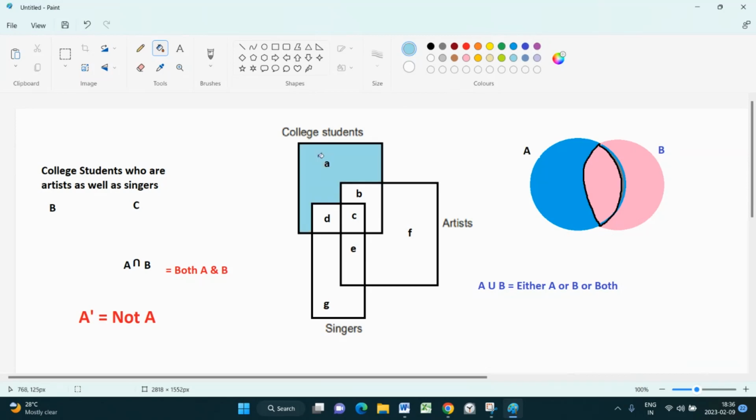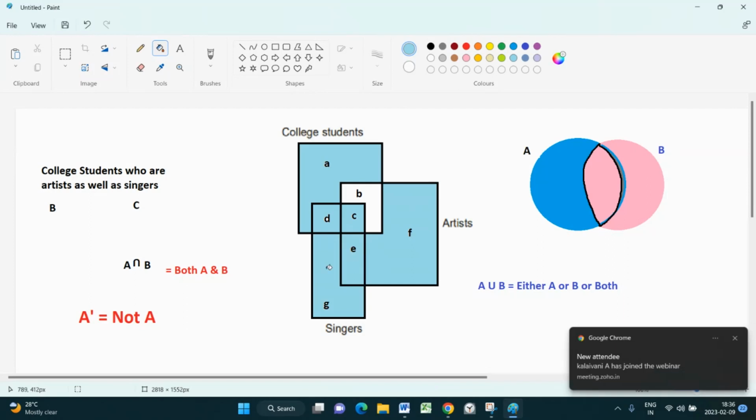This is not B. This is not B. This is not B. A complement is not A. B complement is not B.